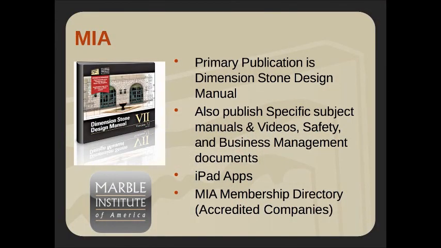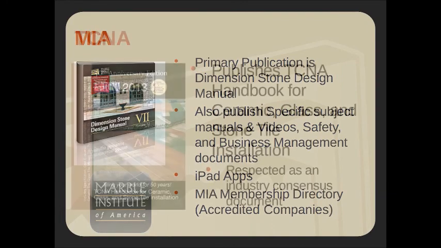And then you've got the MIA membership directory with accredited companies. So it's always a good resource. You can reach out to those companies. They're always more than willing to help in this process, because at the end of the day, as we said early on, the earlier we have people involved in the process, the more smoothly it's going to move forward.